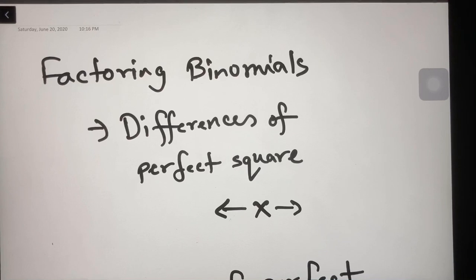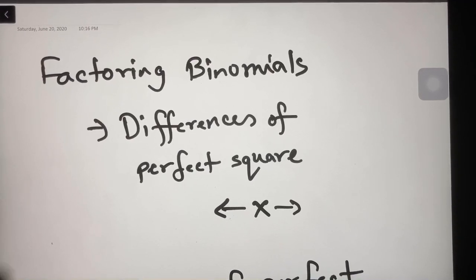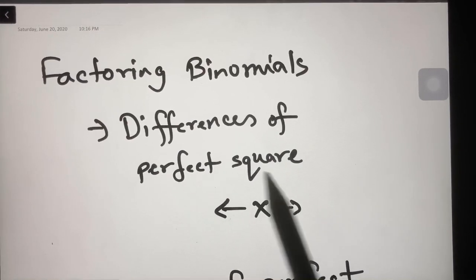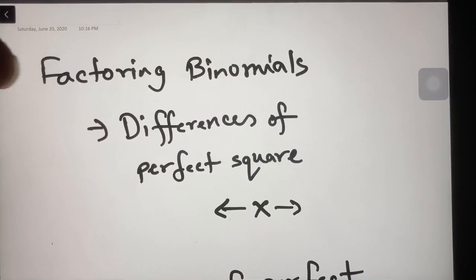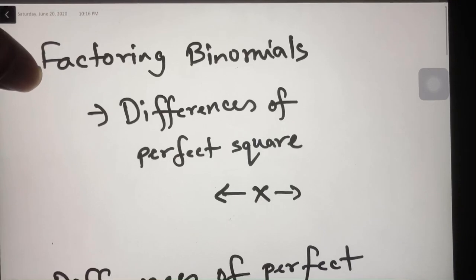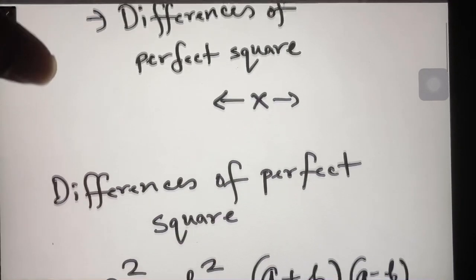So today I'm going to talk to you about factoring binomials, okay? And specifically we're going to focus on the difference of perfect squares formula. All right, so let's try to understand this topic.